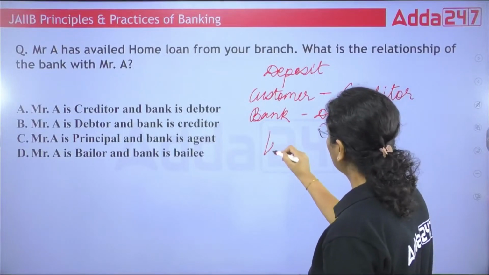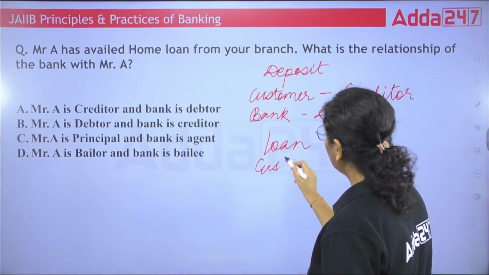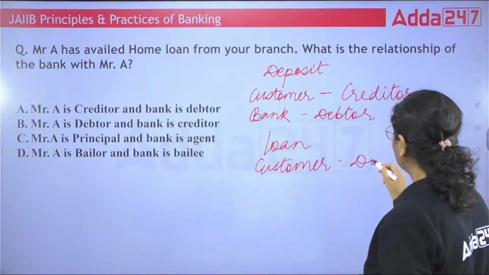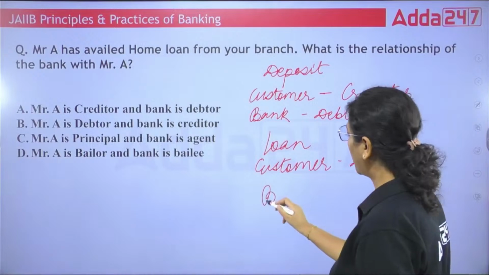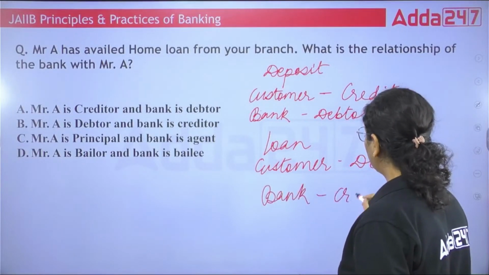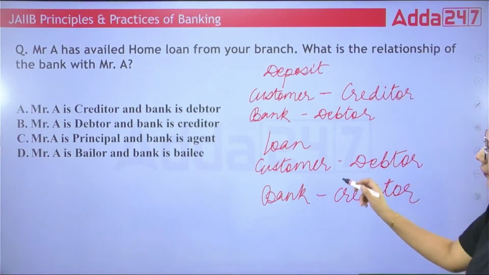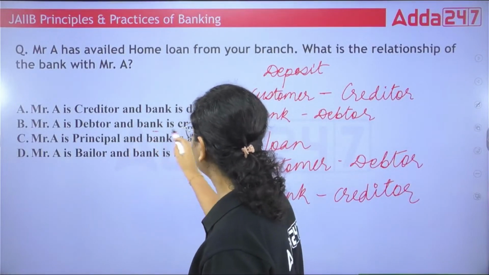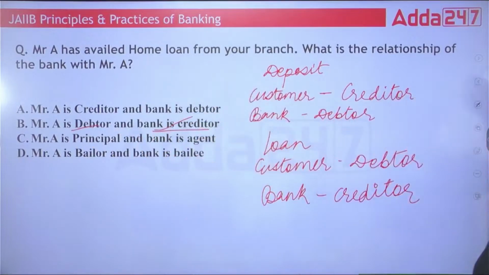In case of loans, the customer is debtor and the bank is creditor. So in case of a loan, the bank will become the creditor and A is debtor. So the right answer is B.